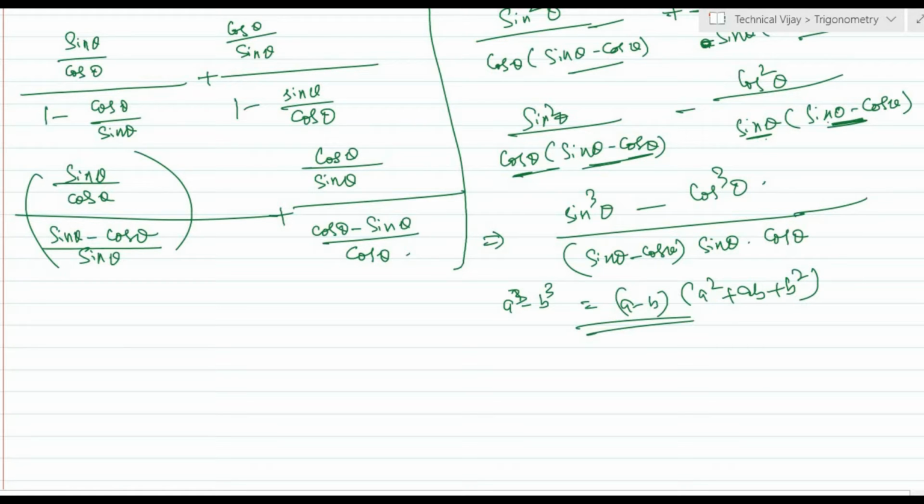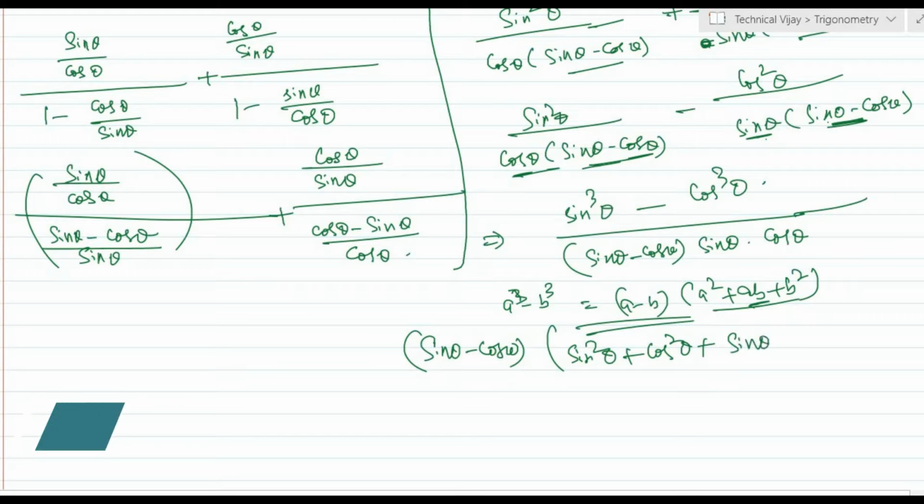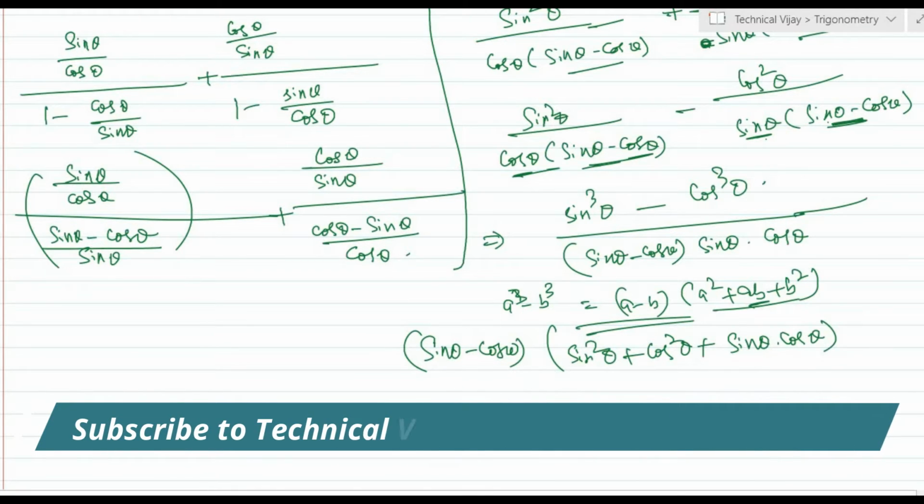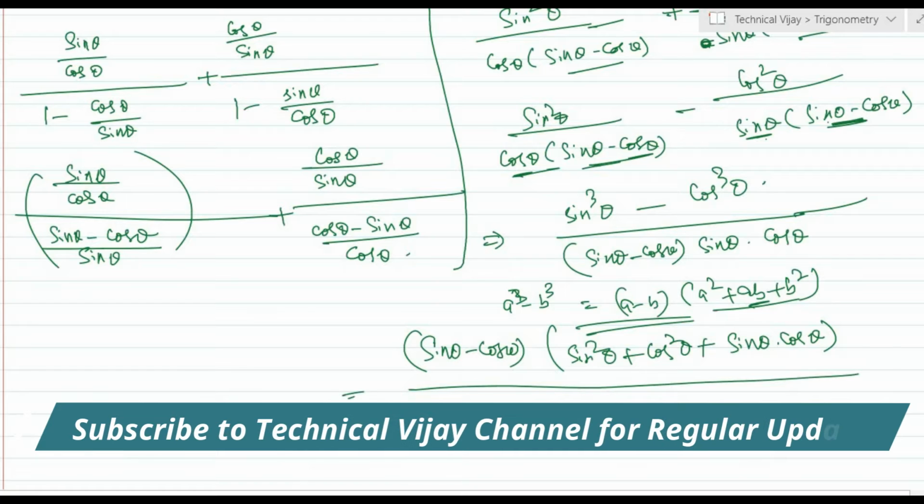So a minus b means sin theta minus cos theta, into here a square plus ab plus b square. A square means sin square theta plus b square means cos square theta plus here ab means sin theta into cos theta, divided by sin theta minus cos theta.